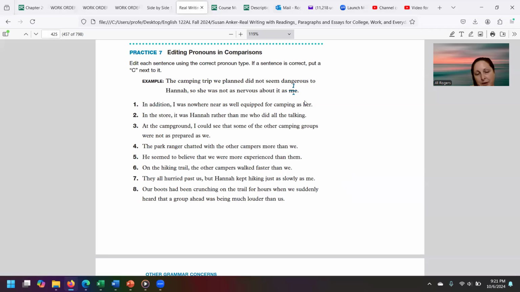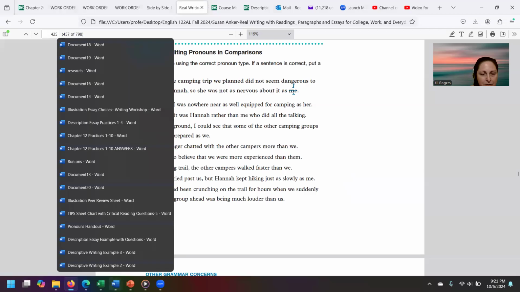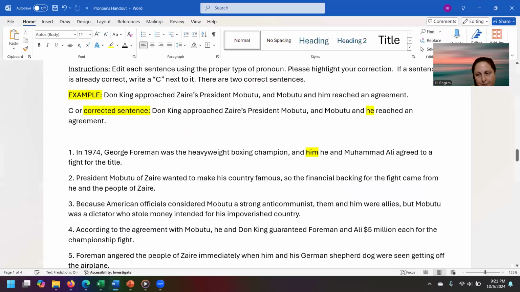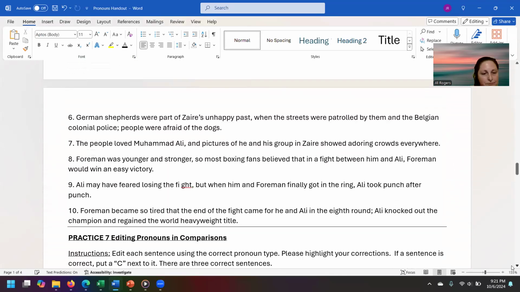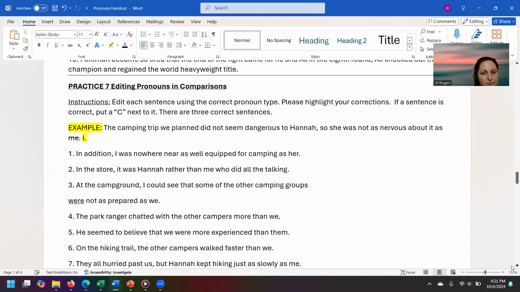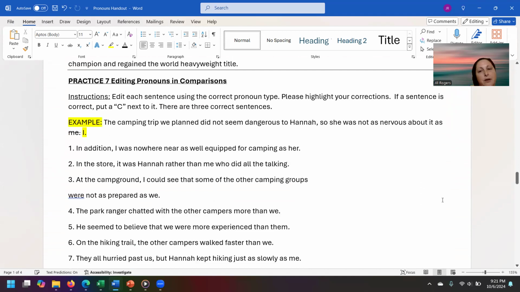Please take some thought. Let's go ahead and go to the handout. You see that I just highlighted it and changed it like that. There are 3 correct sentences in this one, okay?